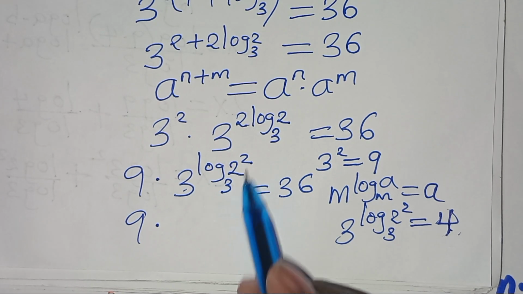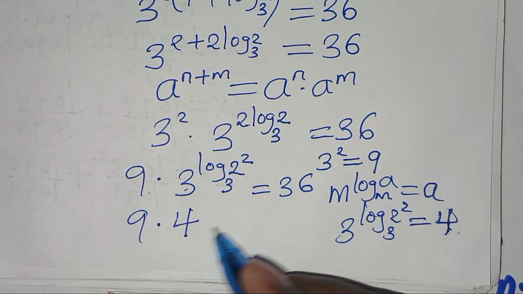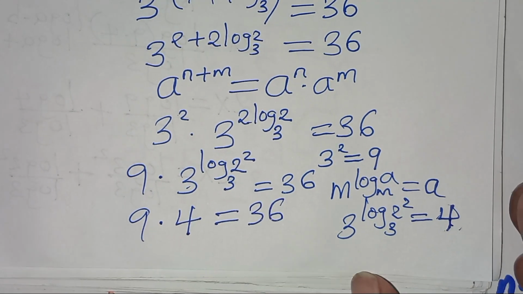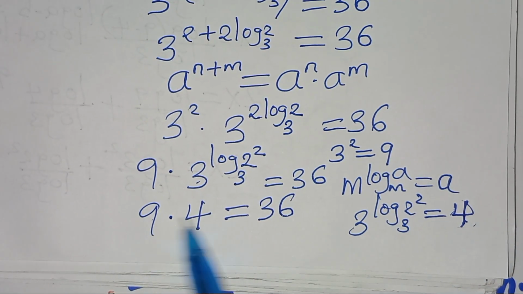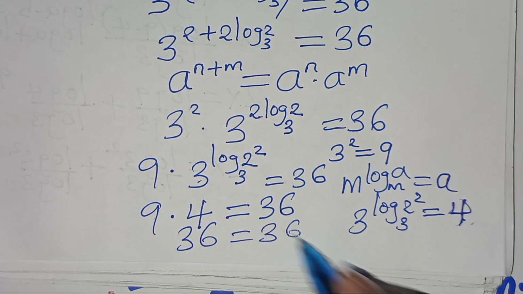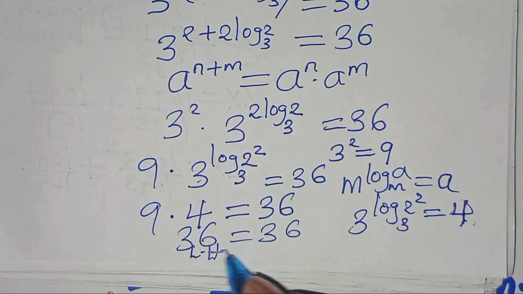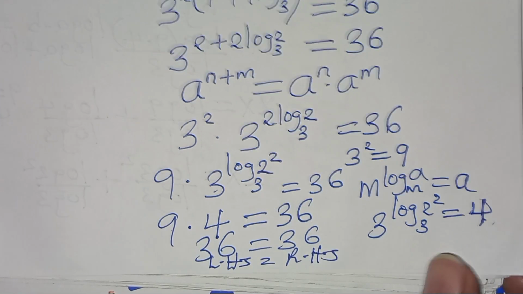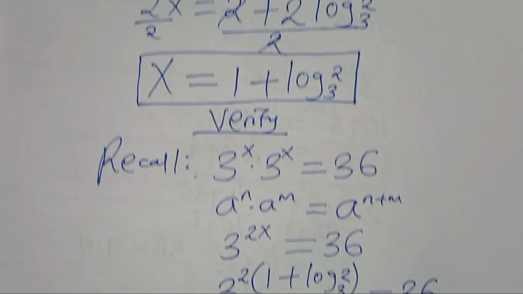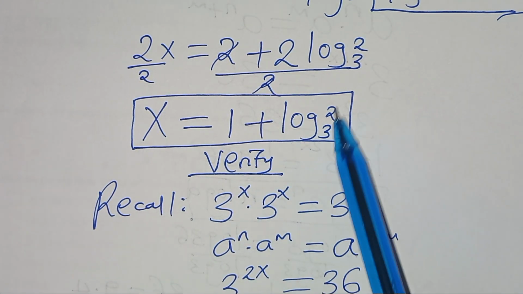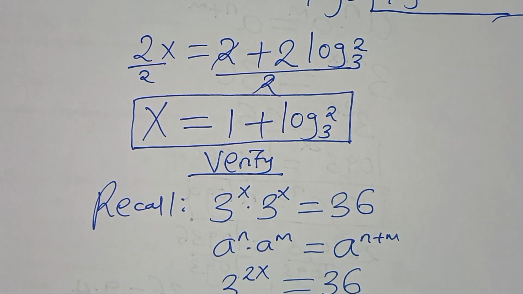This should give us a value of 36. So here you have 9 times 4. This is actually equal to 36, which is equal to 36. So the left hand side is equal to the right hand side. And that implies that the value of x, which is 1 plus log 2 to base 3, actually satisfies the equation.